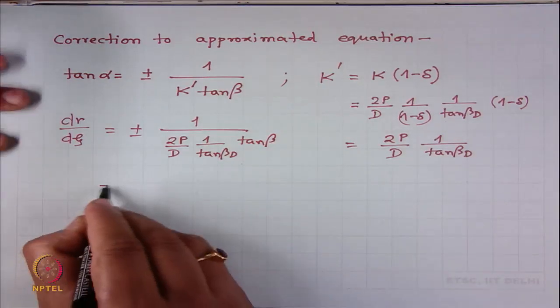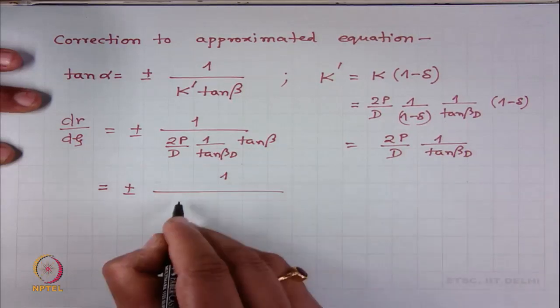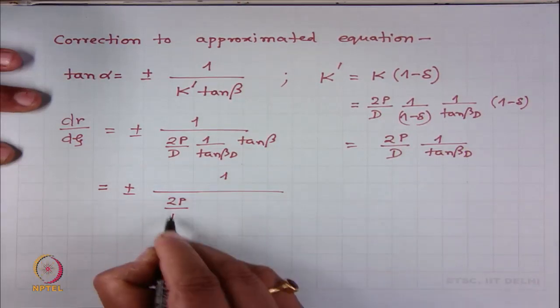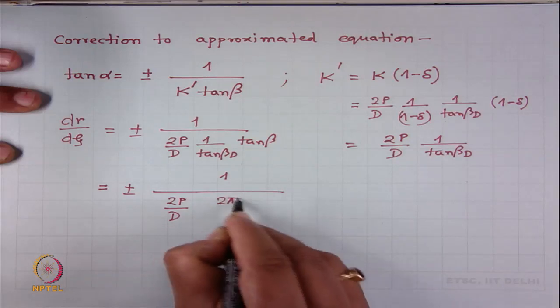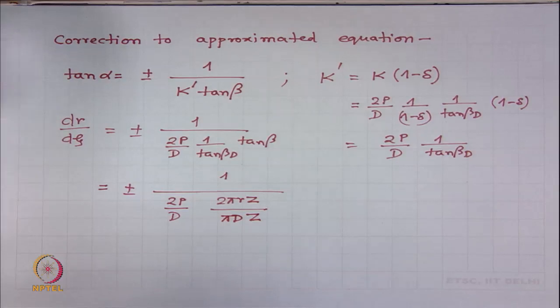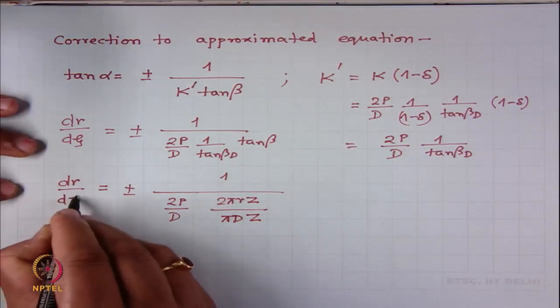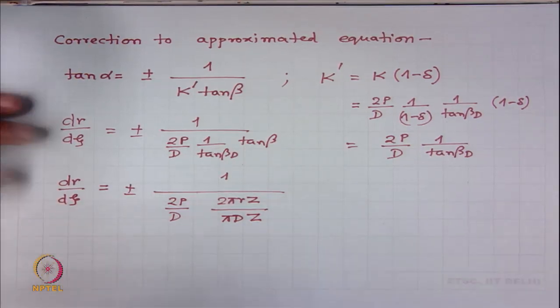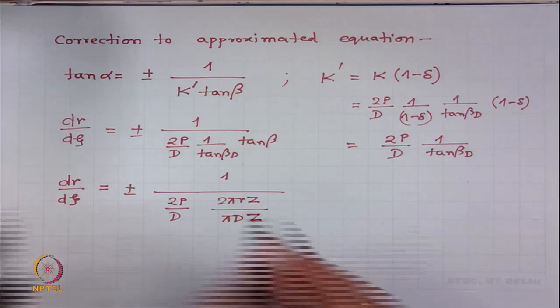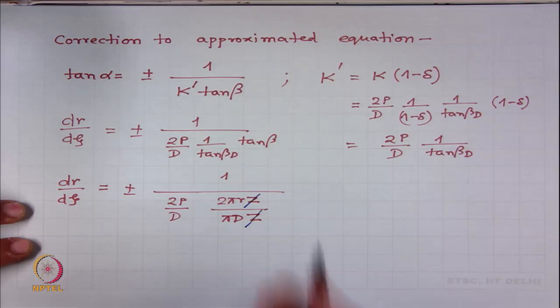Okay. So, let us see what is happening in the right hand side. 1 by tangent of beta 2 pi r z, tangent of beta d pi d z. Okay. That is equal to this. So, now the z cancel out, pi cancel out.